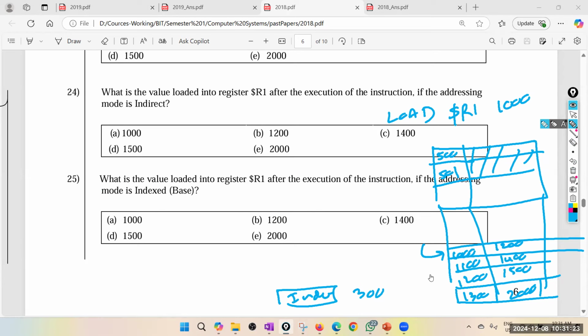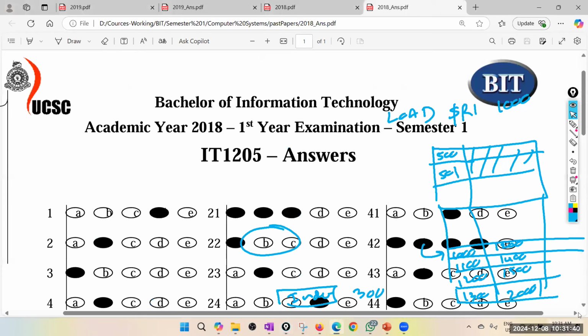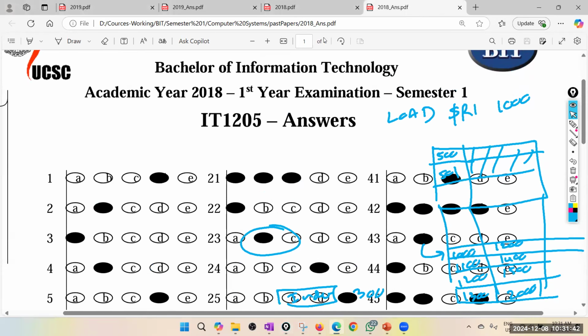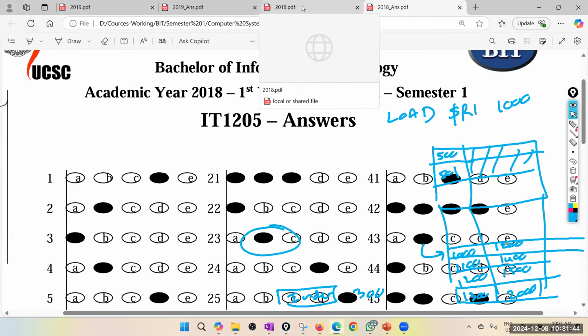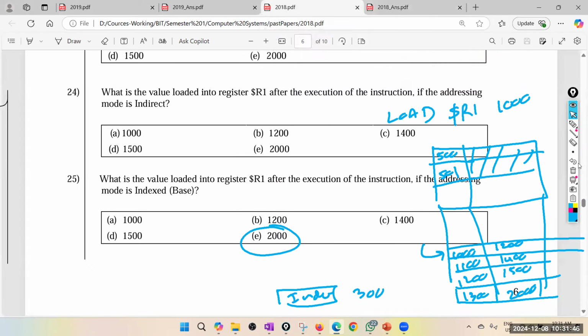Then go and get the data from there. The 1300 data is 2000. So therefore the value loaded to register 1 is 2000. So 25 answer must be E. Yes, right. So that is very simple. I told you all the details should be given.